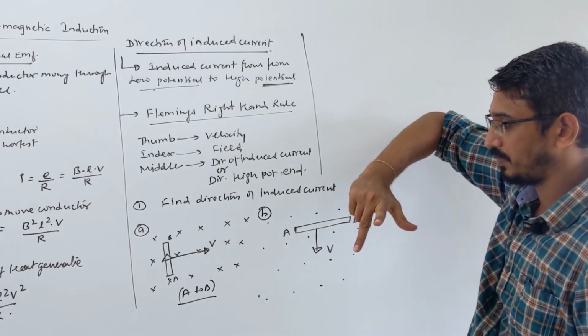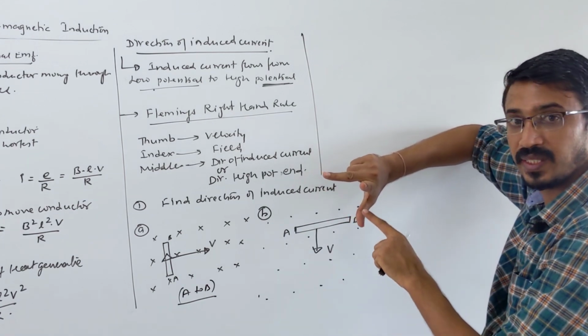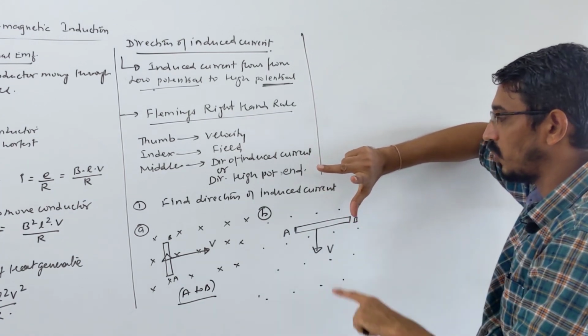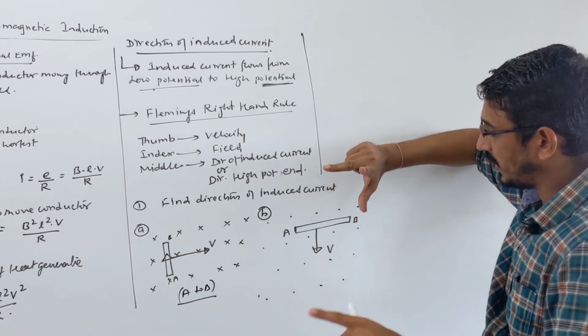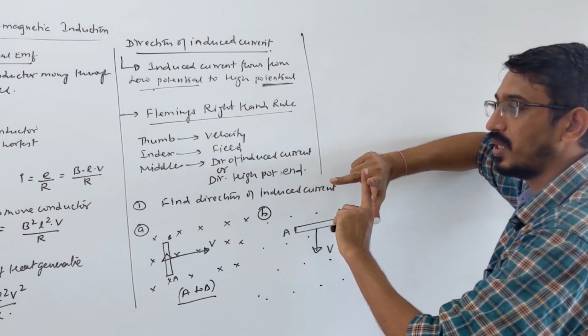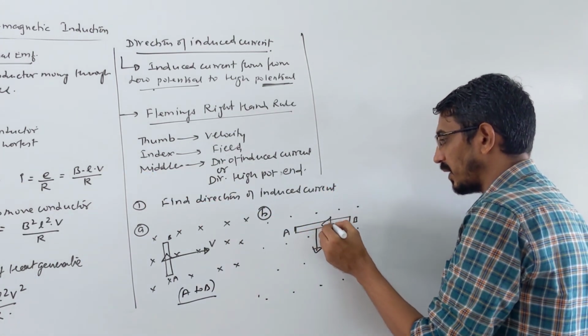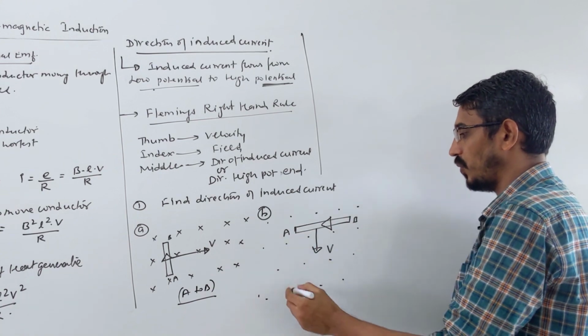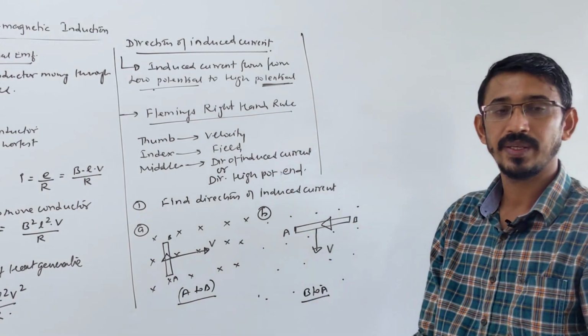The conductor is falling downward. The thumb shows velocity downward, and the index finger shows the field, which is outward, the dot field. So the direction of current flow is that way. So the current is flowing in this wire from B to A in this case. Yes or no? Yes.